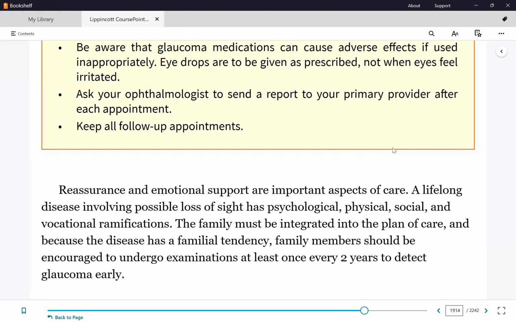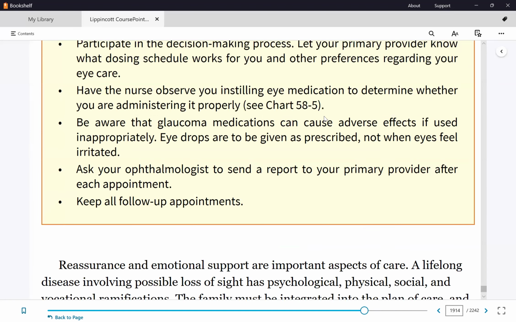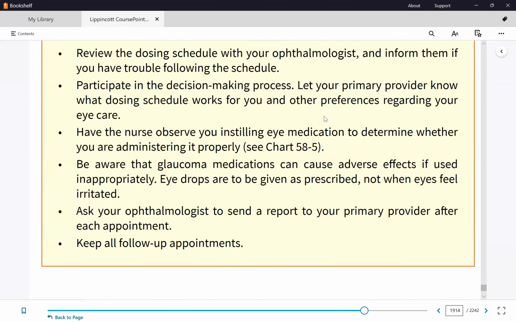By tearing, a burning sensation, redness. That's a normal response by the eyeball. It's a protective response. So they don't disappear. They will last as long as you're still using the eye drops.